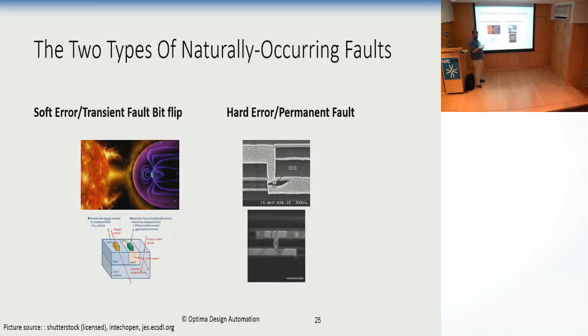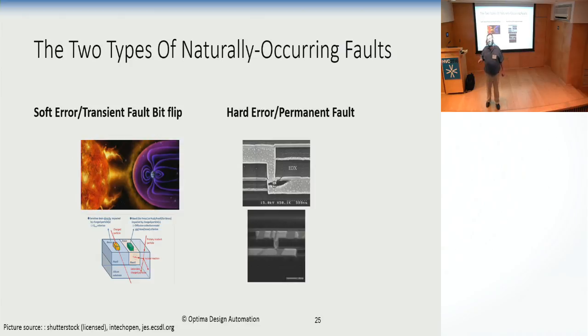So, as I mentioned, we have transient, bit flips, and permanent faults. Transients come from outer space, typically, from the radiation that is found in outer space. As it percolates into our atmosphere and hits a part, it can sometimes cause a bit flip, depending on many considerations.